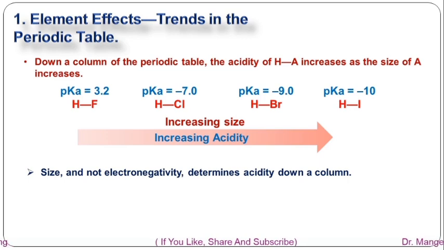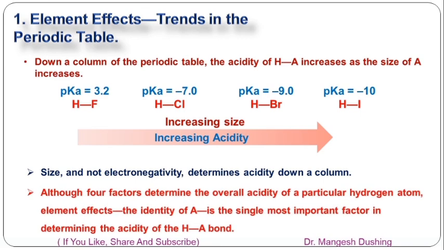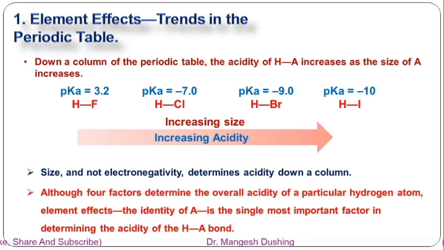Fluorine is the most electronegative atom while iodine is less so, but still HI is more acidic because size matters, not electronegativity, in determining the acidity down a column. Although four factors determine the overall acidity of a particular hydrogen atom, the element effect, the identity of A minus, is the single most important factor in determining the acidity of the HA bond.